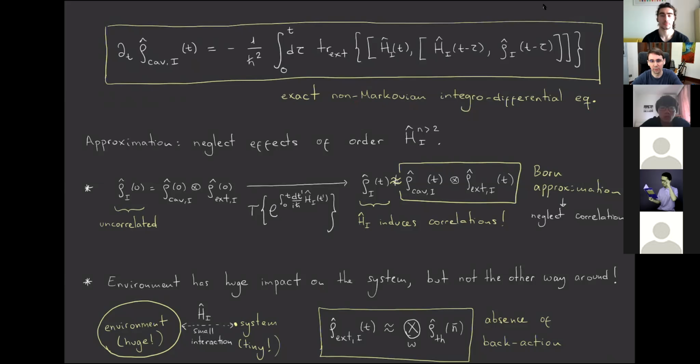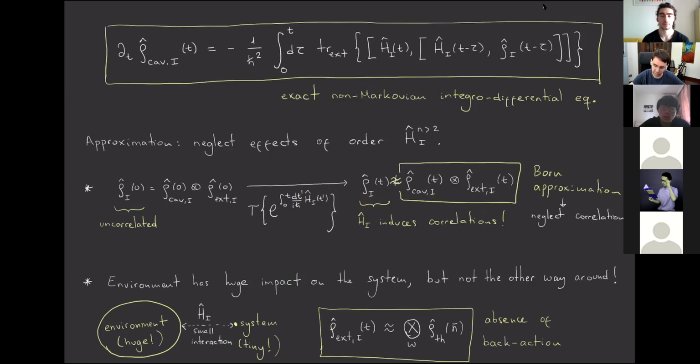However, we saw that we can do a couple of approximations, both of them related to neglecting effects that are of higher order in the interaction than 2, so order 3, 4, etc. The first one is what we call the Born approximation, in which we assume that the total state of the system in the interaction picture is the tensor product, so an uncorrelated state of the cavity and the environment.